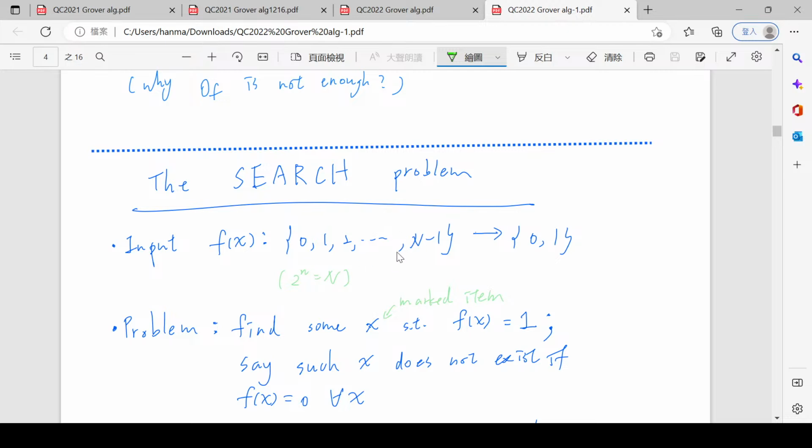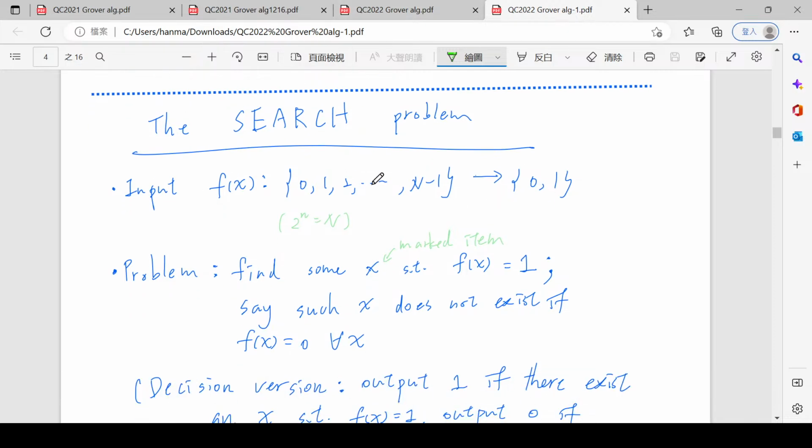And sometimes this algorithm works even for other than a power of 2, but that doesn't matter too much. So we just think about it as a really big set from 0, 1 to N minus 1, and then it's binary, so it maps to 0, 1. Okay, so that's the input, and then we want to find some property of this f(x).